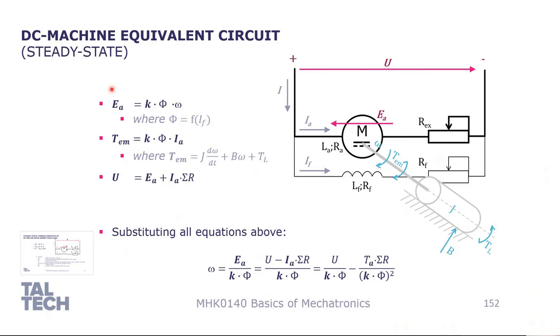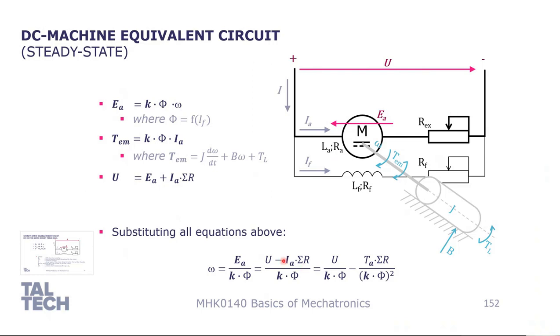From this part, we can find that the armature EMF, electromagnetic force, over the construction gain and magnet flux will give us the angular velocity. From the third equation, we can get that the armature electromotive force is equal to the supply voltage minus the voltage drop on the resistance.